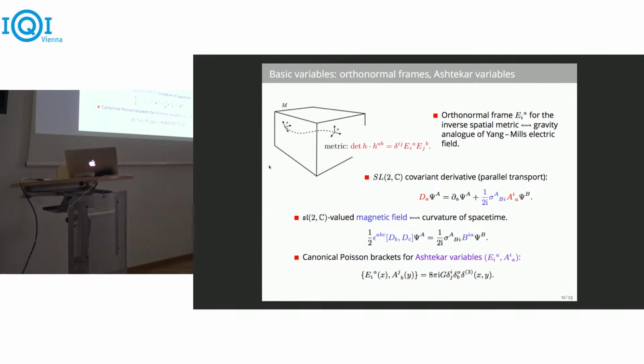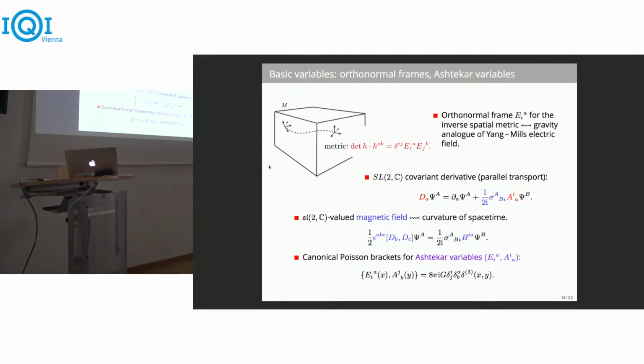But spinning fields couple not directly to the metric, but they couple through gravity through orthonormal frame fields. And an orthonormal frame is basically an orthonormal basis at every point in space-time that diagonalizes the metric tensor.